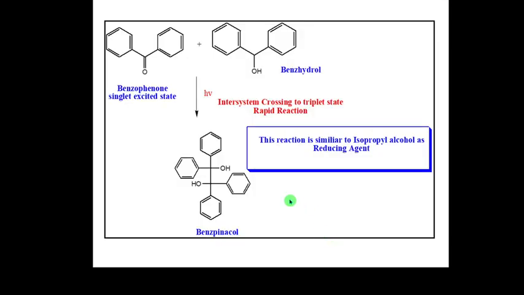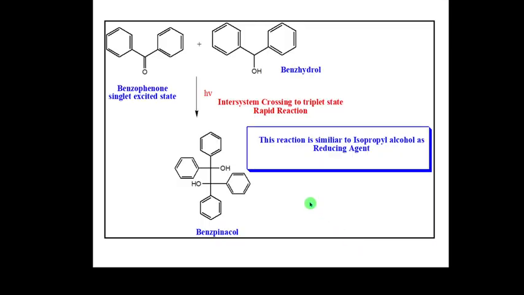Now we can see some more possibilities. Because we are using free radicals, there are possibilities of other reactions also. I am not going to point this out as another reaction, but there is the possibility that instead of isopropyl alcohol, the formed benzhydrol radical, which has a hydrogen, may also have this hydrogen taken up by benzophenone to give a dimer product.